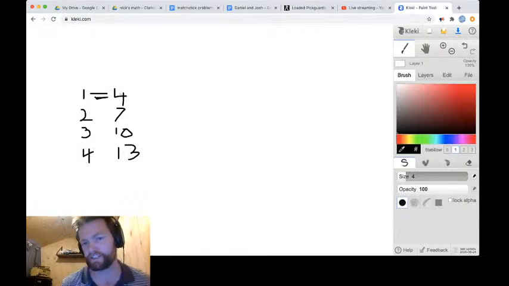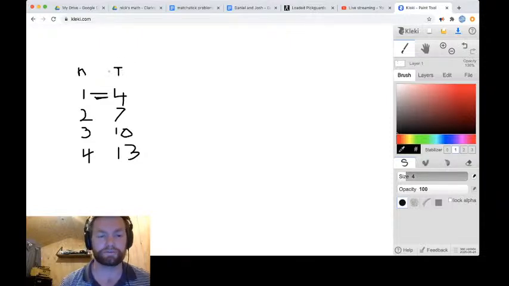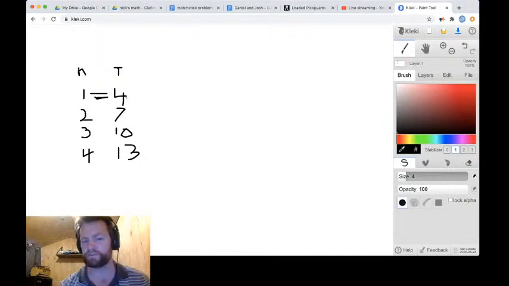Because that's the multiplier that you're going to use. So if our number, and then the total, the difference between these two is plus 3.